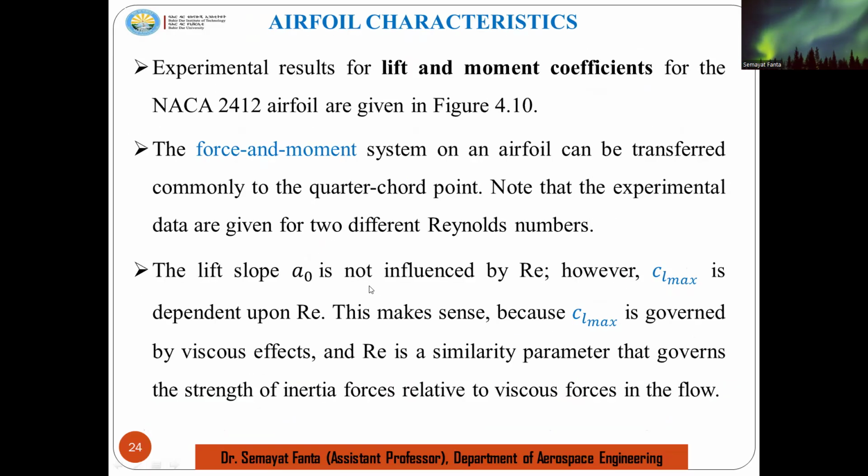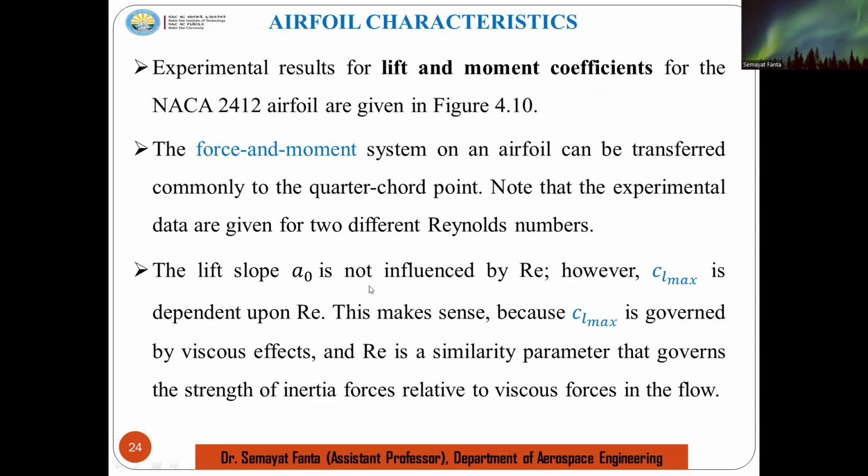The force and moment system on an aerofoil can commonly be transformed to the quarter chord point. That's why we use CM c/4. The experimental data are given for two different Reynolds numbers. The lift slope a naught, which is dCL over d alpha, is not influenced by Reynolds number.